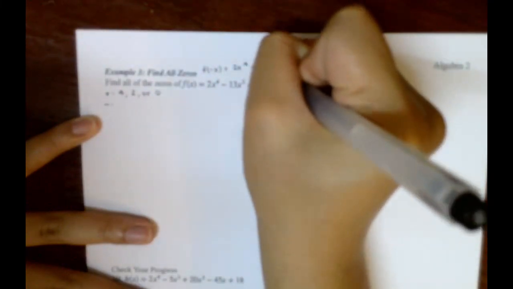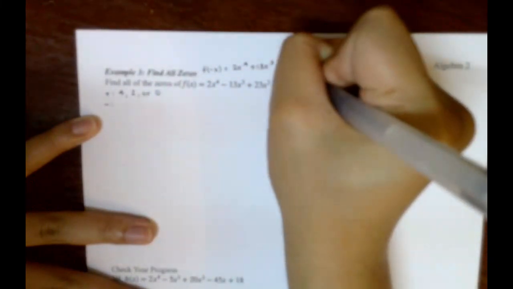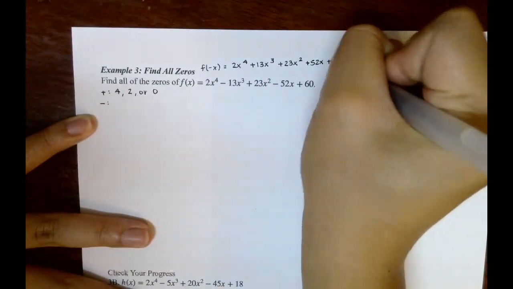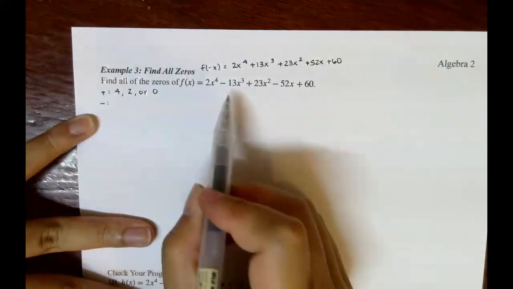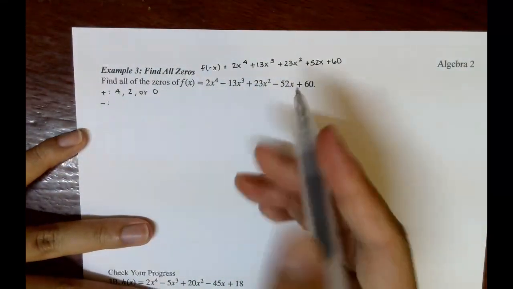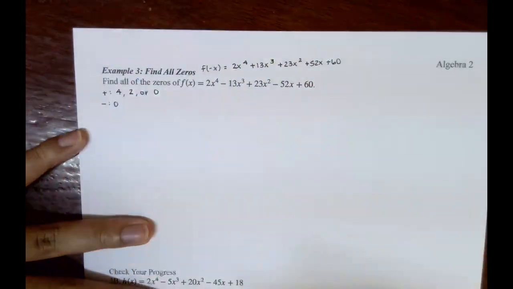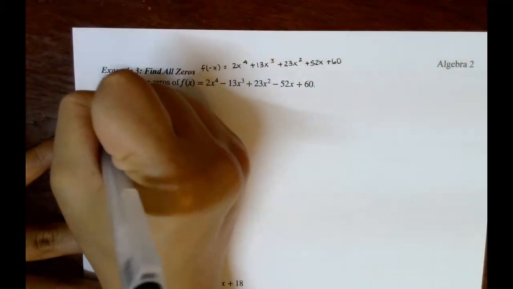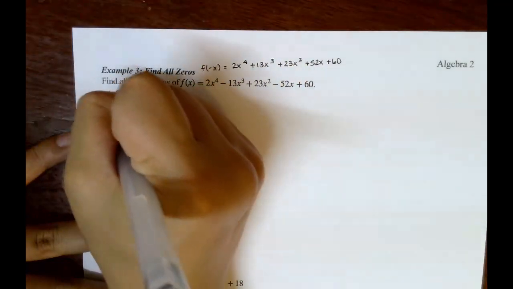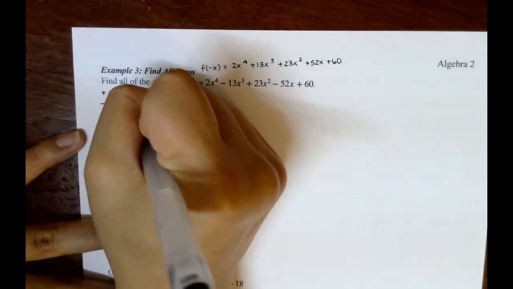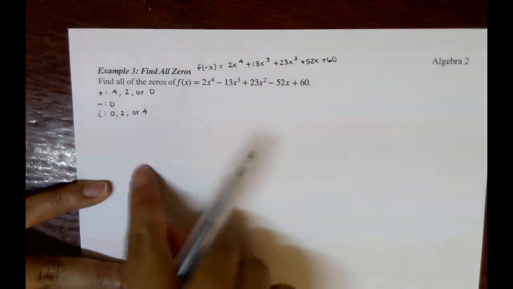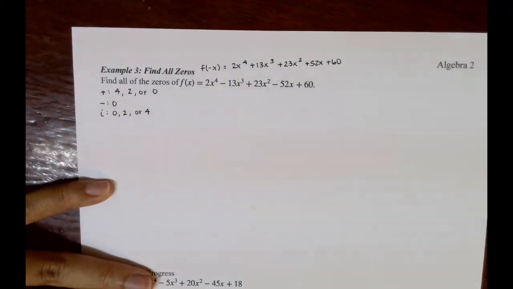This will now be 13x cubed, this will be 23x squared, this will be 52x, and this will be 60. So what this tells me is that I have 0 negative zeros. Which means I either have 0 imaginary, 2 imaginary, or 4 imaginary. But if we have 4 imaginary, then we're kind of hopeless at this point.